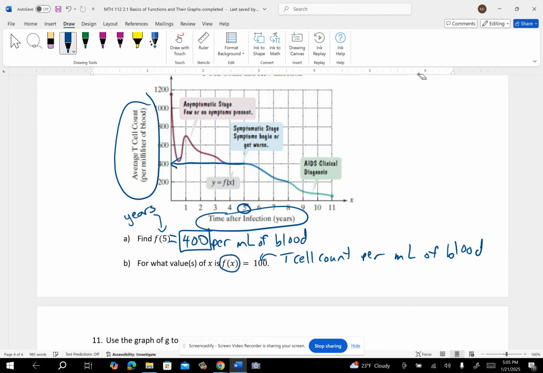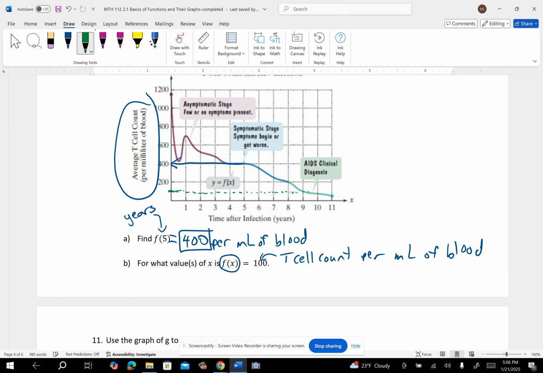Okay? So what we would do there would be to think about where the T cell count per milliliter would be 100. So I'm going to look at this, and it might hit the graph in more than one spot, but in this case it doesn't.